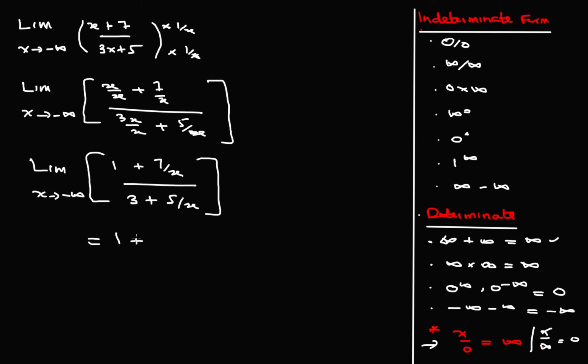We're going to say 1 plus 7 over negative infinity, over 3 plus 5 over negative infinity. Now when we get here, it means that we actually can get the values now. So this will be 0, that will be 0, leaving us with 1/3. That will be the limit.